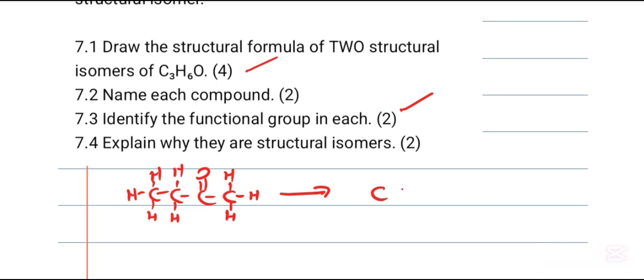So you are going to change it to the aldehyde, where the double bond O is on the first carbon. So yeah, these are isomers. They have the same molecular formula but different functional group.